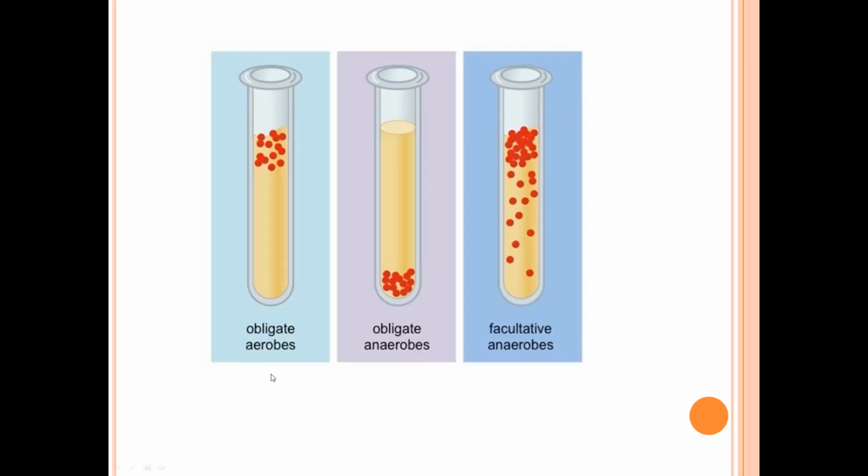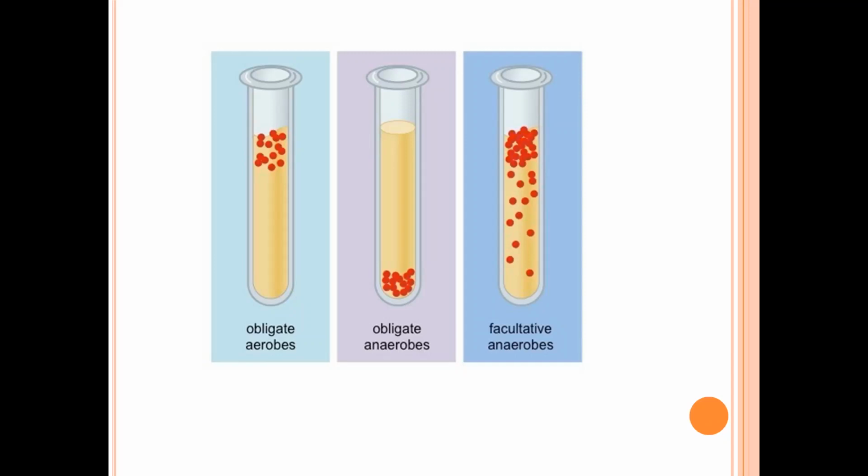So if we look at this one here, obligate aerobes, if you look at the bacteria, you're going to notice that they are growing and concentrated only in the top portion of the test tube where they can get oxygen. Okay? If you go to the middle where it says obligate anaerobe, those are in the complete opposite spot of the test tube, floating down at the bottom because they absolutely cannot have oxygen.